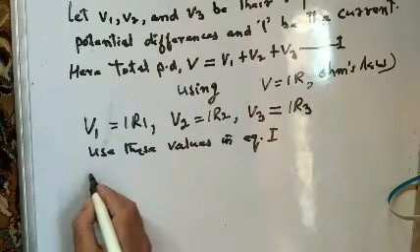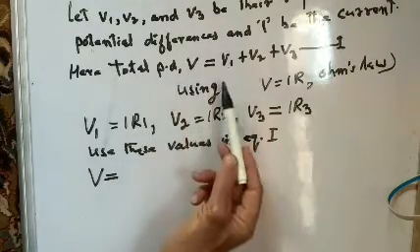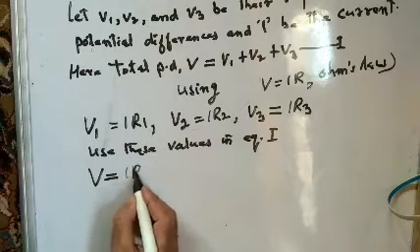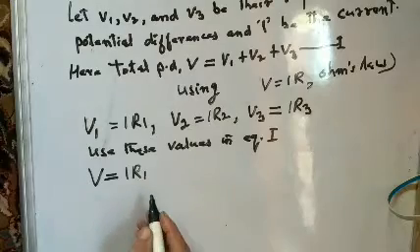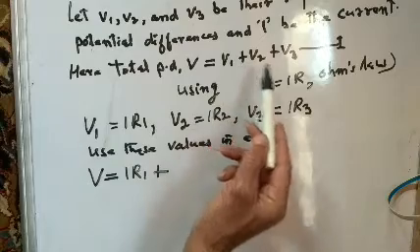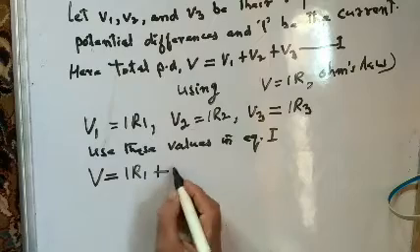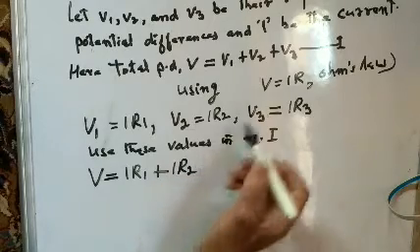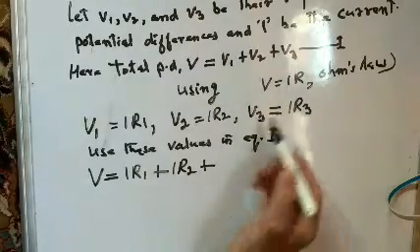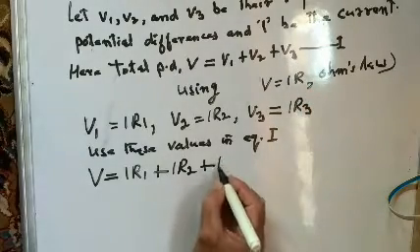In place of V1, we will write its equivalent value, IR1, plus, in place of V2, we will write its equivalent value, IR2, plus, and in place of V3, we will write IR3.